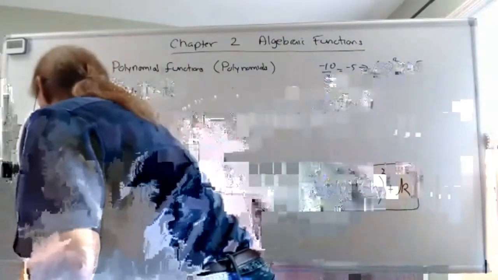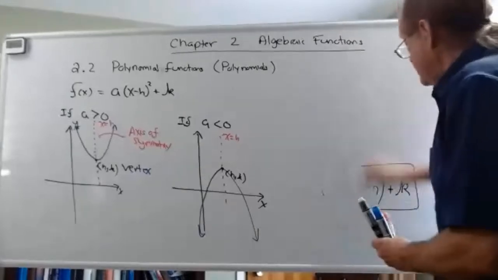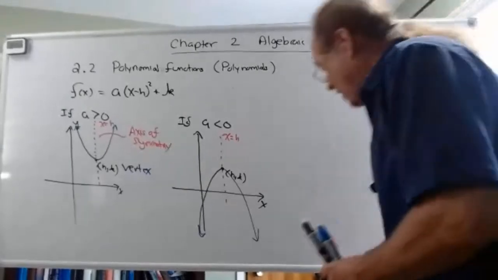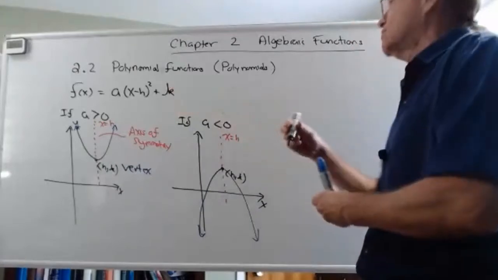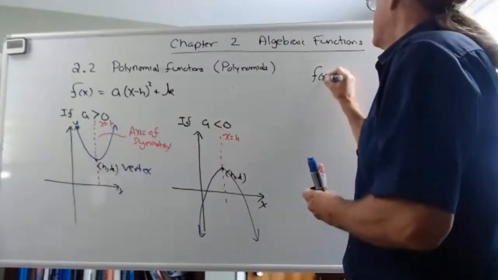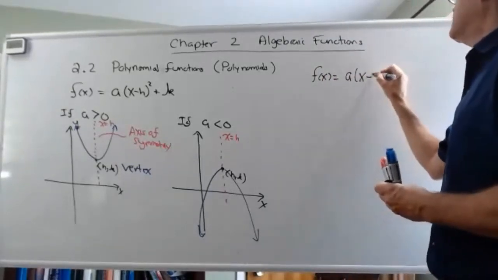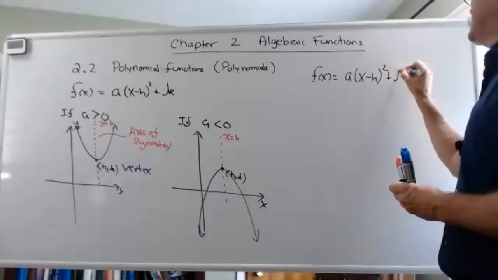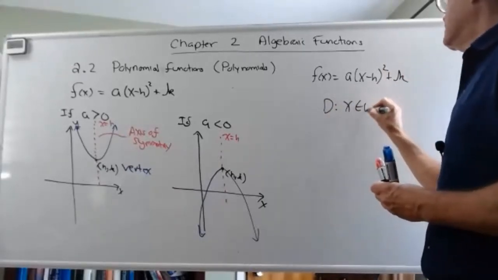So what we want to do is close out here in the last minute or so and just state that if you have quadratic functions, the domain is any real number, but the range depends upon the graph. It depends upon you completing the square and doing the graph. So for a quadratic, f of x is equal to a times (x minus h) squared plus k. The domain for that is x is any real number.